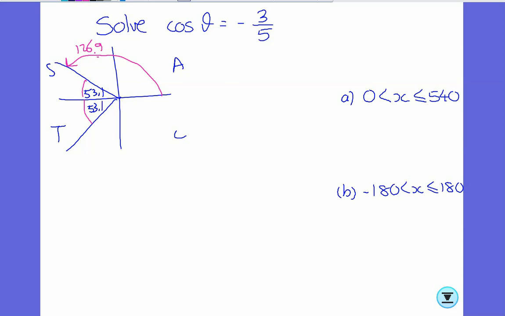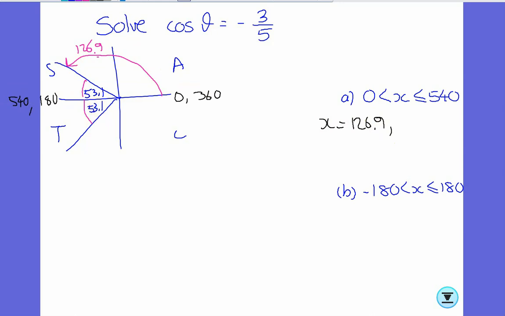So we're going between 0 and 540. So here's 0, 180, 360, and 540. How many times do we hit it? We hit it there, so that's 126.9. And we go past 180, we get another one.